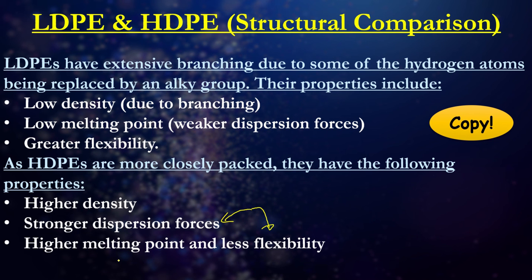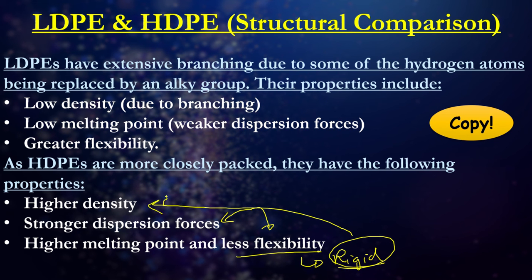So that's why with containers, they're a lot more rigid. Okay, they can't really be bent that easily. Another way of saying not flexible is to call it just rigid. And so that's what we're dealing with here. And that all has to do with the fact that it's high in density.